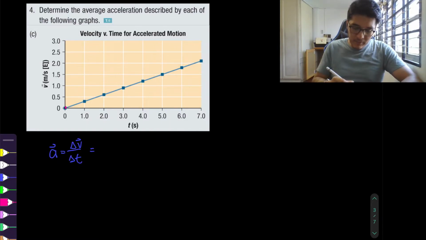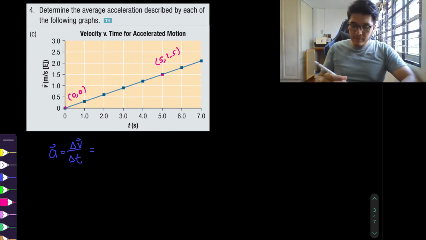Right away, the origin is really nice, and at the 5-second mark. So let's put in our values, which is 1.5 minus 0 over 5 minus 0, so 1.5 over 5 meters per second.